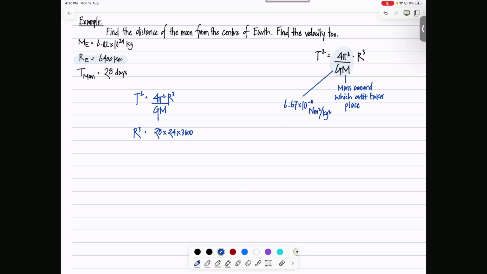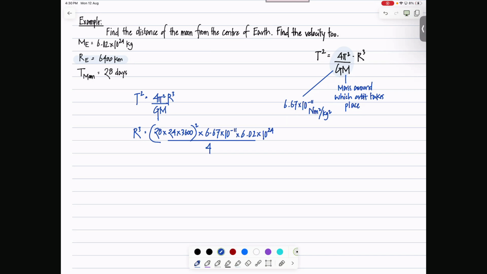Which again, 24 for 24 hours into 3600. This is squared, into G 6.67 into 10 to the power minus 11 into mass 6.02 into 10 to the power 24. Right, so divided by 4 pi squared.